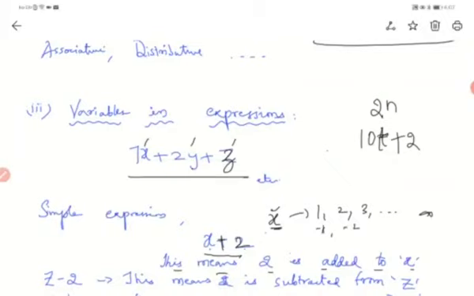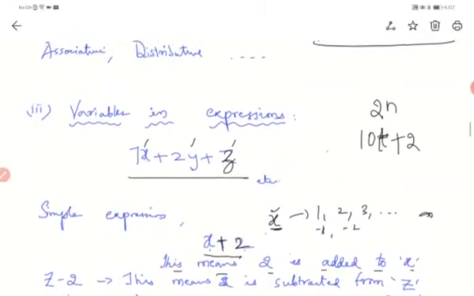So other simple expressions, if I have 2n, what does this mean? This means that 2 is multiplied with n, or you can say in the form of a statement, 2 of n. 2 of n means 2 is multiplied with n.